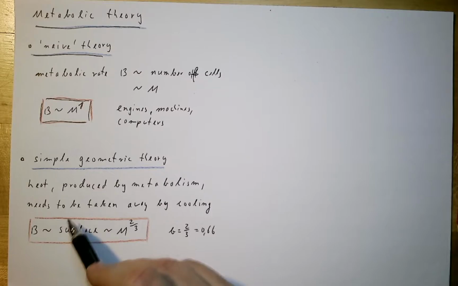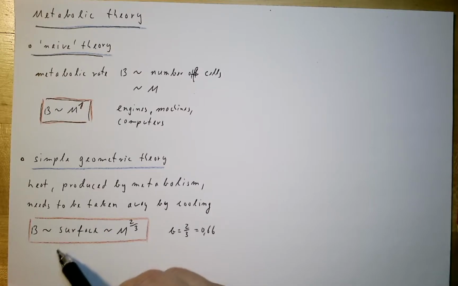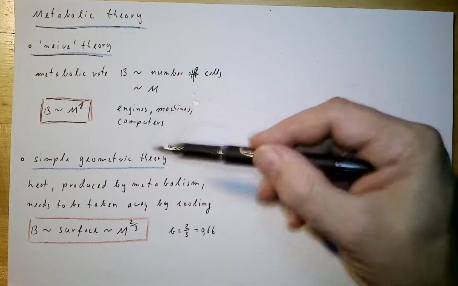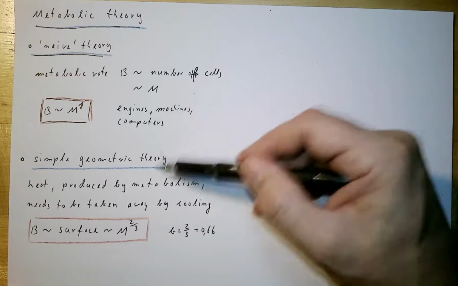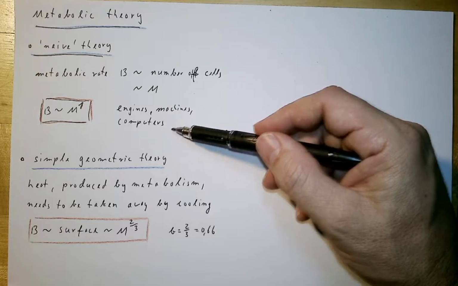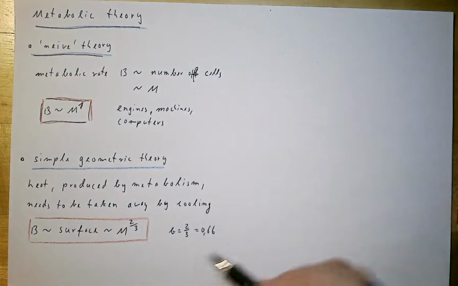But to explain again, still the argument would be if every cell, like in the naive theory, would just produce the same amount of heat, then the elephant would just die by overheating, by fever. So the elephant needs to reduce his metabolism in order to have a constant temperature. Yeah?